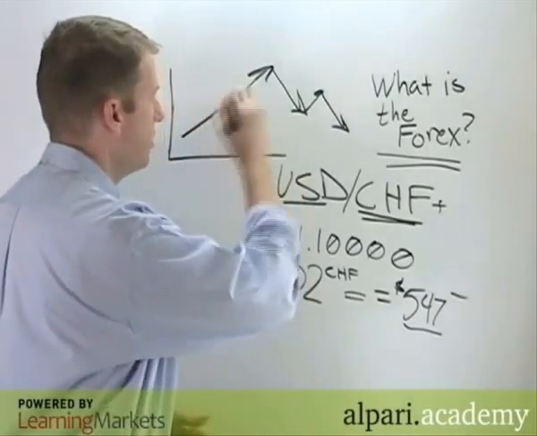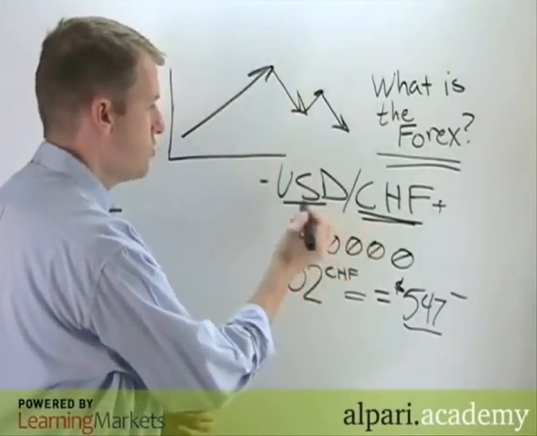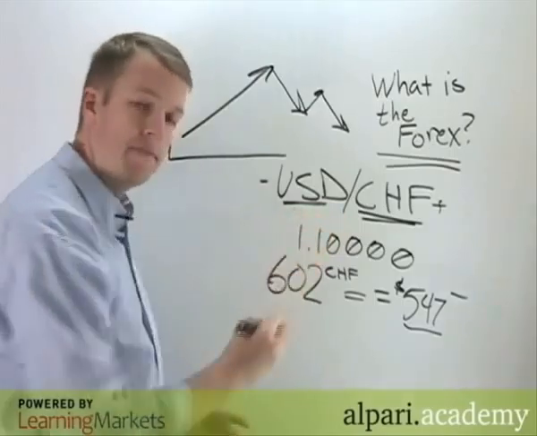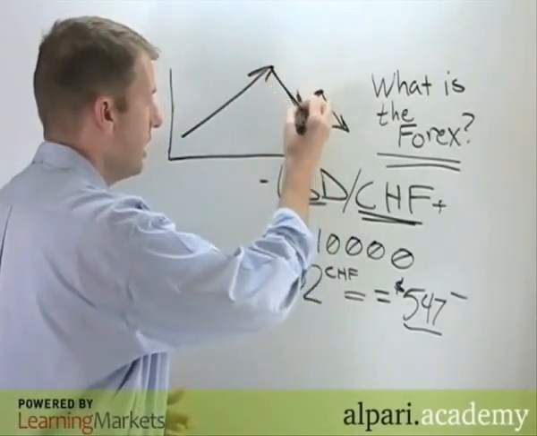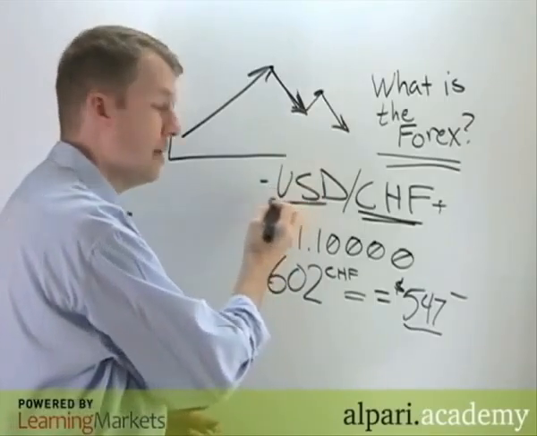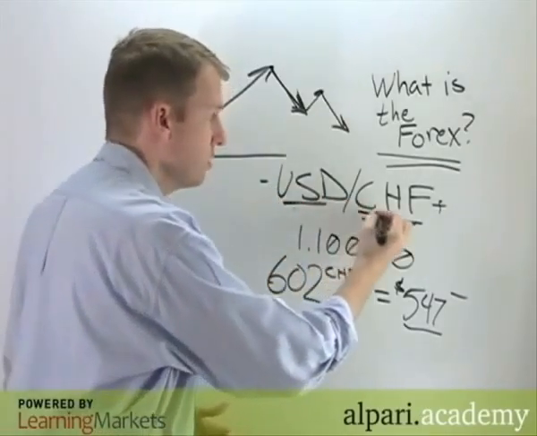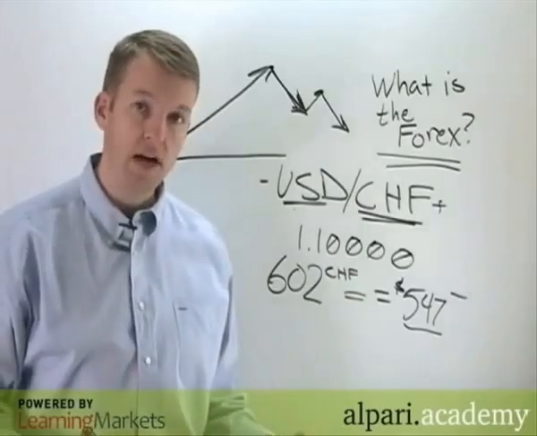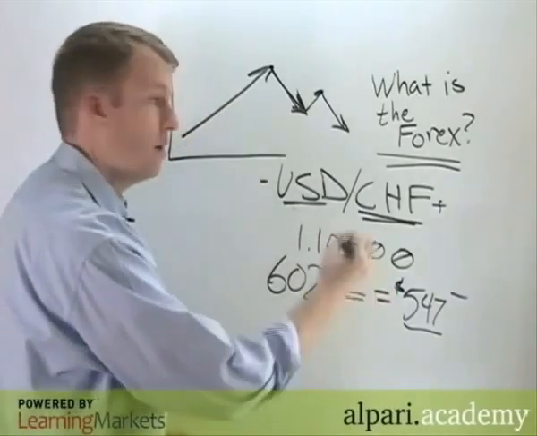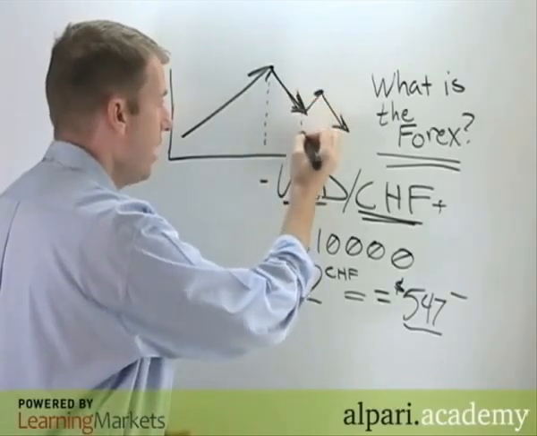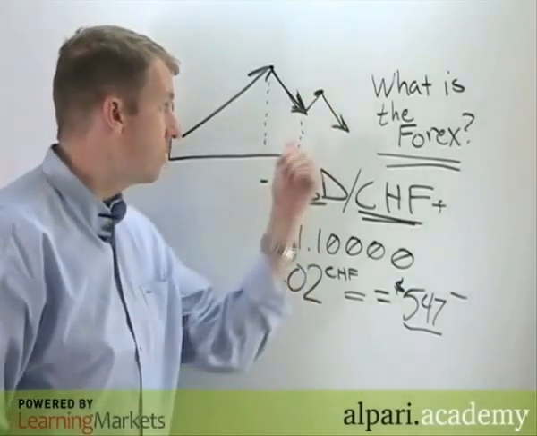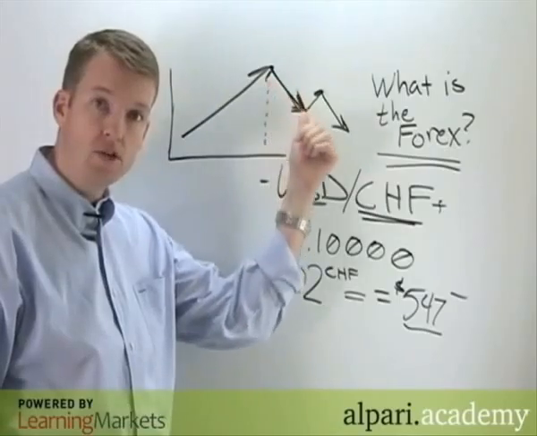When the trend is going up, the currency on the left-hand side is appreciating in value. When the trend is going down, the currency on the left-hand side is depreciating in value, and the currency on the right-hand side is appreciating in value, which was the situation here. So it's almost as though we took our vacation right there and decided to come home right there, where the franc was appreciating during that trend.